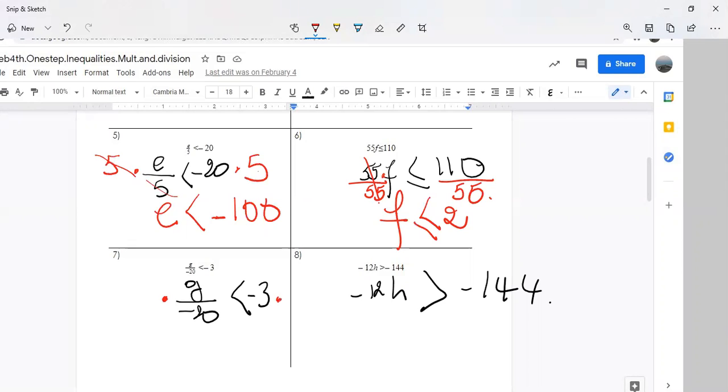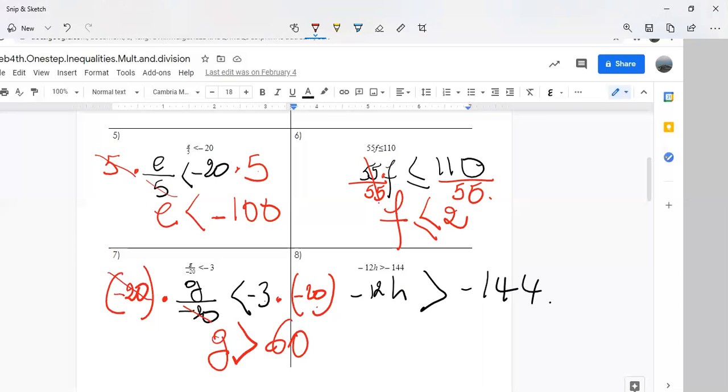Here, we're going to start messing with negative numbers. I need to get rid of the divide by negative 20. The opposite is multiply by negative 20, and I do that to both sides. I just multiplied by a negative, which means I have to switch the inequality symbol. Here it cancels, I'm left with g, and a negative times a negative is a positive. 3 times 20 is 60, so positive 60.